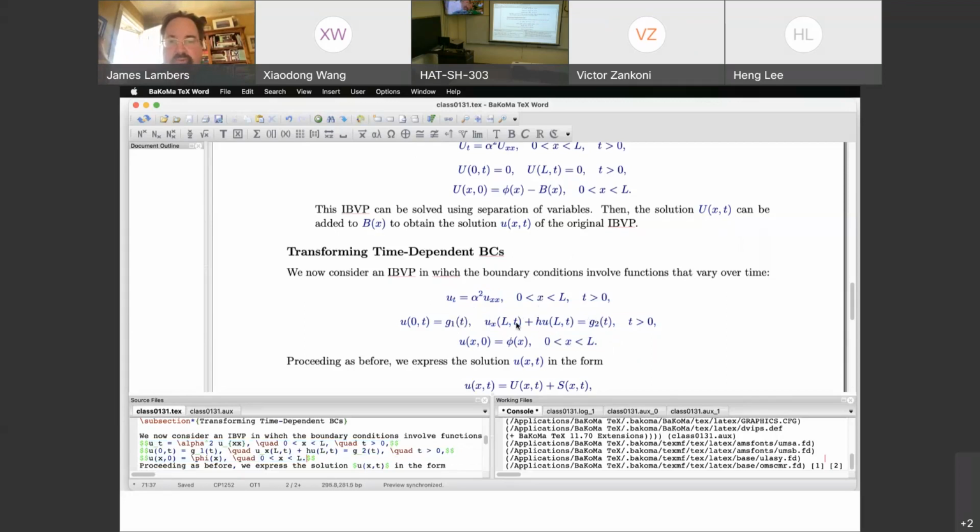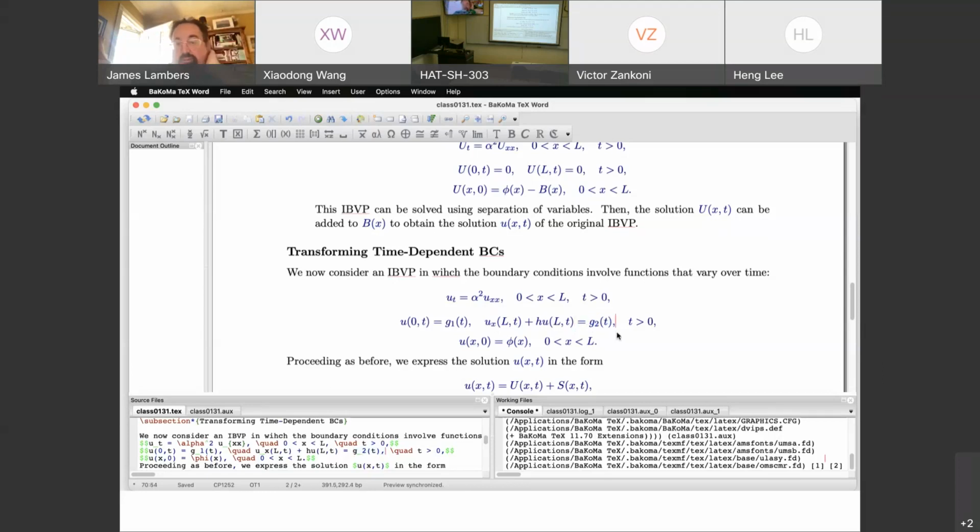Also, at the right endpoint, x equals L, we have a more complicated boundary condition because we're not just looking at the value of u at the boundary, but also du/dx at the boundary, and we're taking a combination of those values and saying that must equal this function.